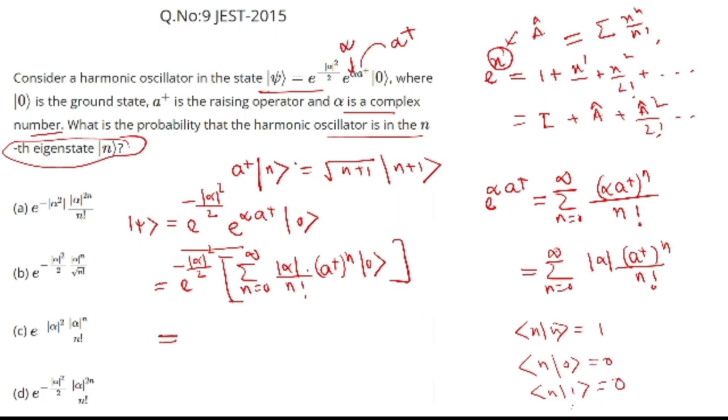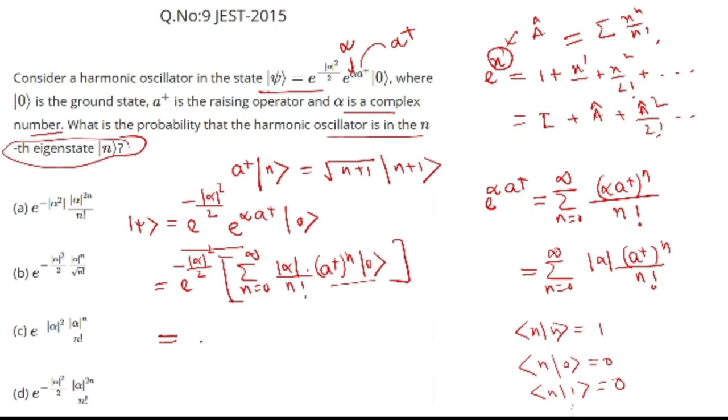So ultimately we can find the probability for the n state only when we replace this by n. Breaking it into n states, it will be 1 first, 2 second, 3 third, 4 fourth and so on, and the coefficient terms will be root under 1, root under 2, root under 3, root under 4, like this.